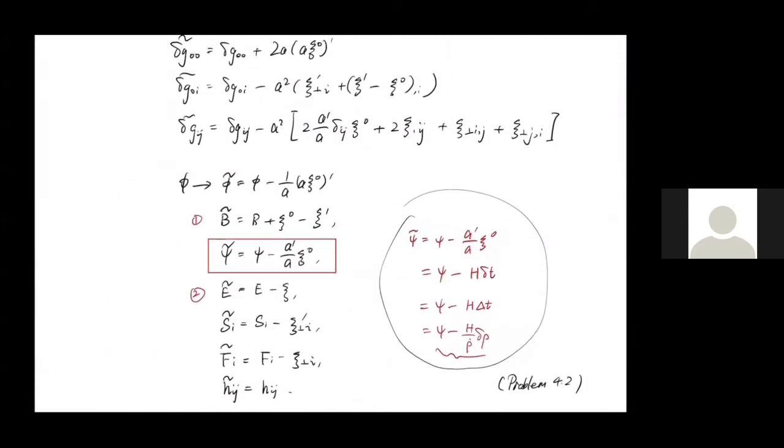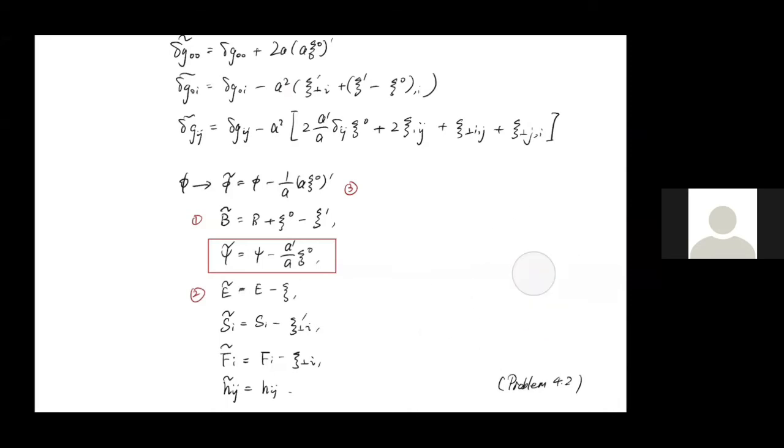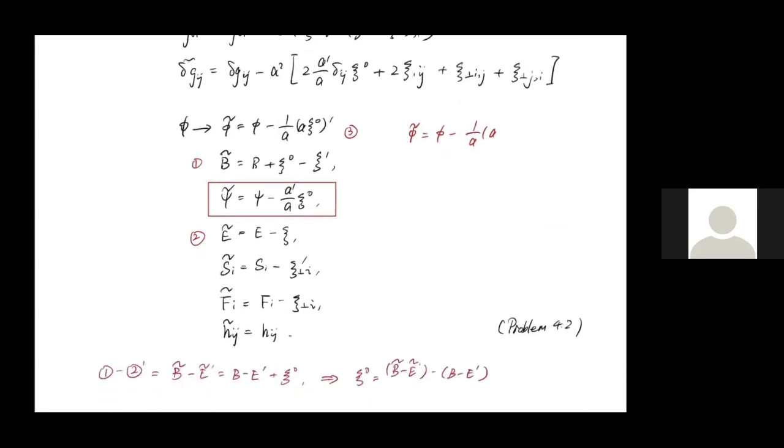Like, for instance, this one, we write 3 here. So just reread this. For 3, you have this criteria, phi tilde equals phi minus 1 over a, or a prime, and you substitute this result.